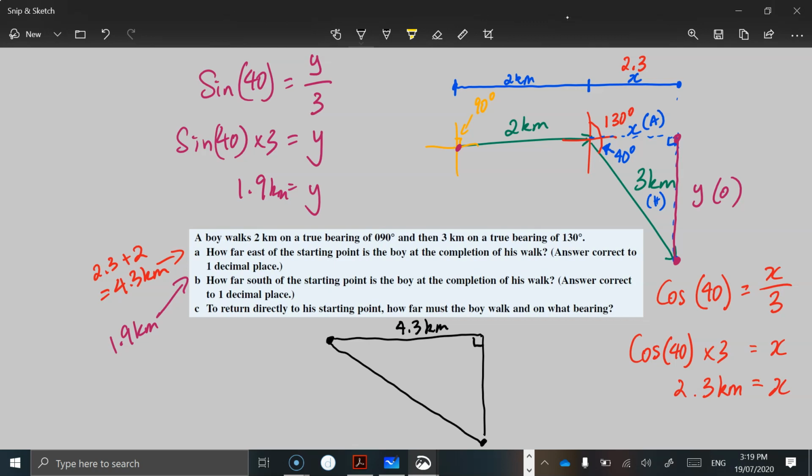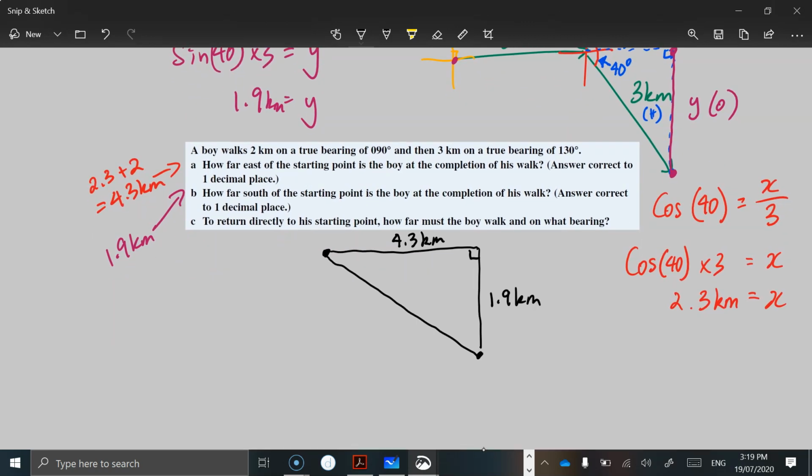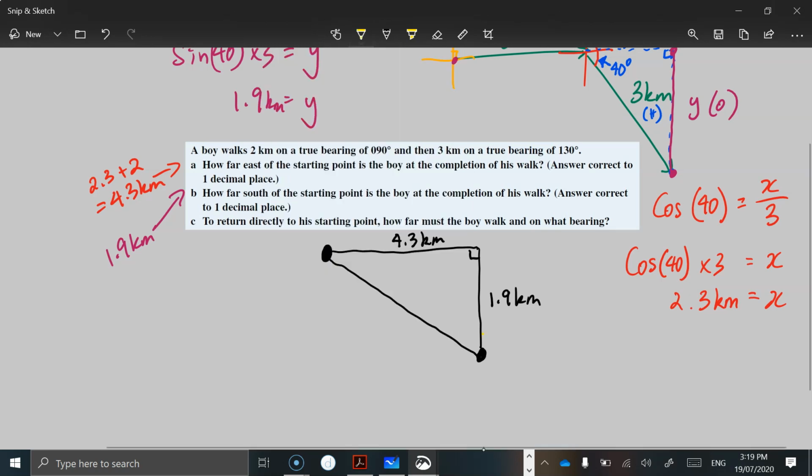We know that this side is 1.9 kilometers. And we are wanting to know what the bearing is, the bearing going from here back to here, which requires us to use this bearing. That's the bearing that we want.